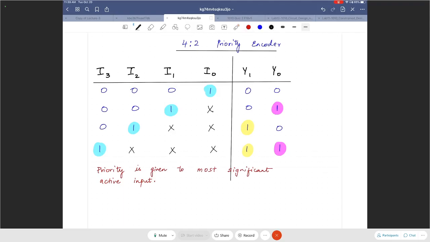Now, assume that we have an enabled situation. Our encoder is enabled. We are going to do something slightly different compared to the previous case, because now we have don't care situations. We are going to write row expressions.